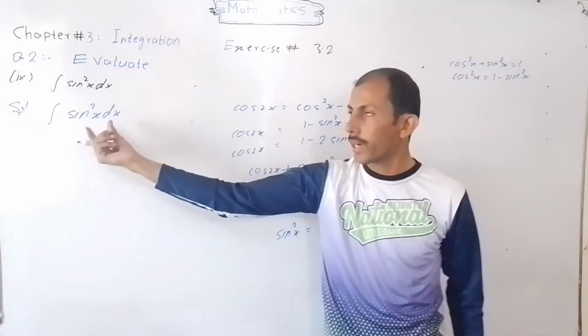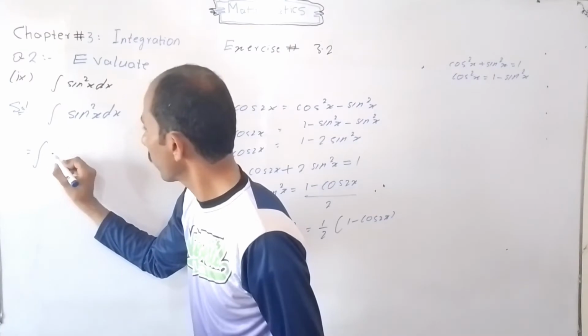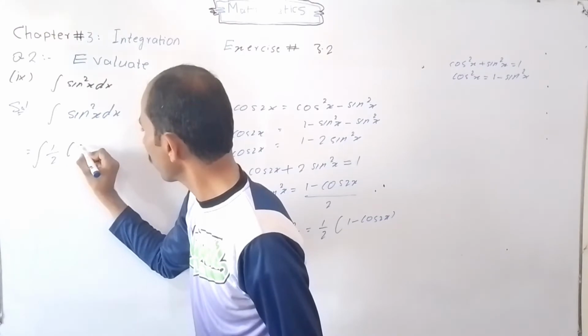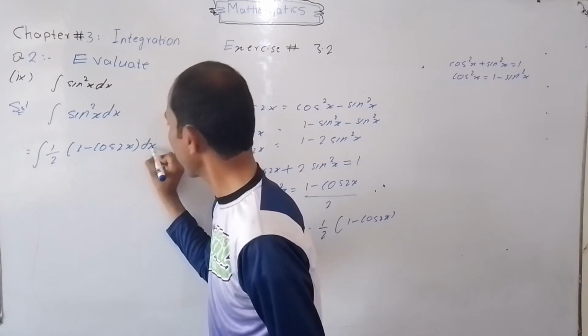So sine square x can also be written in the form of integral 1 divided by 2 into 1 minus cos 2x dx.